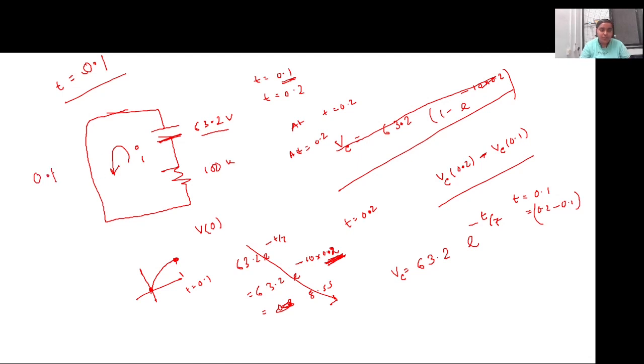So that is why writing t equal to 0.2 will not be correct. So it will be 63.2 e to the power, 1 by tau is 10 and t is 0.1.